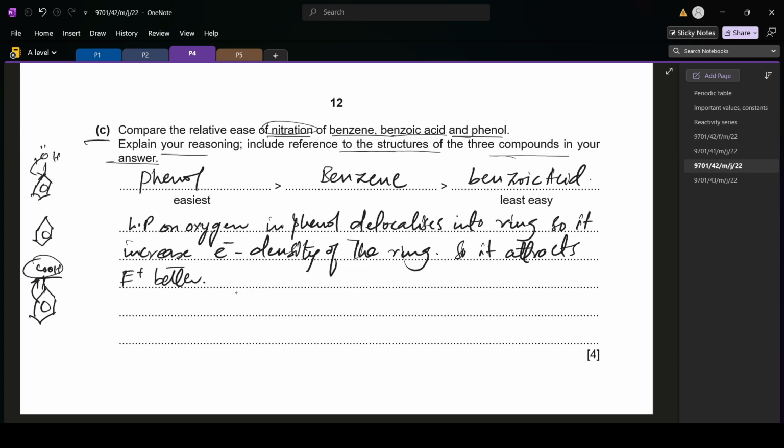So for benzoic acid, you can write that the COOH group is an electron withdrawing group.